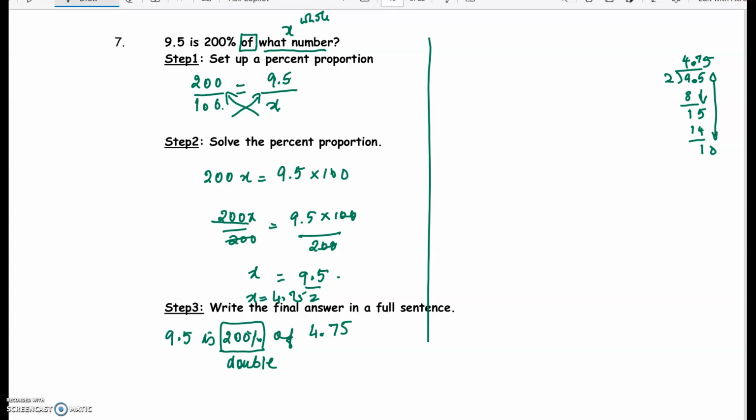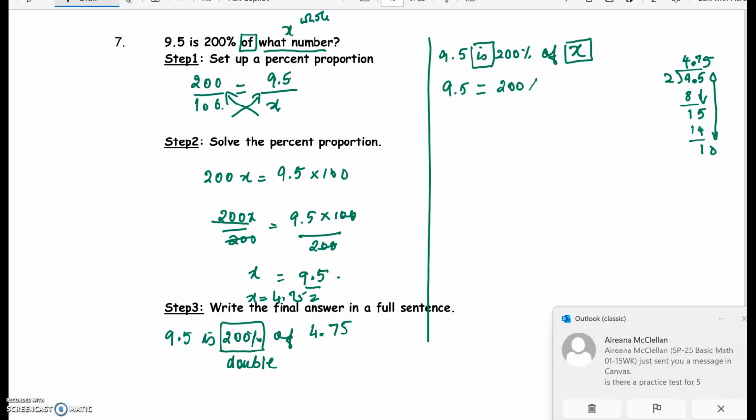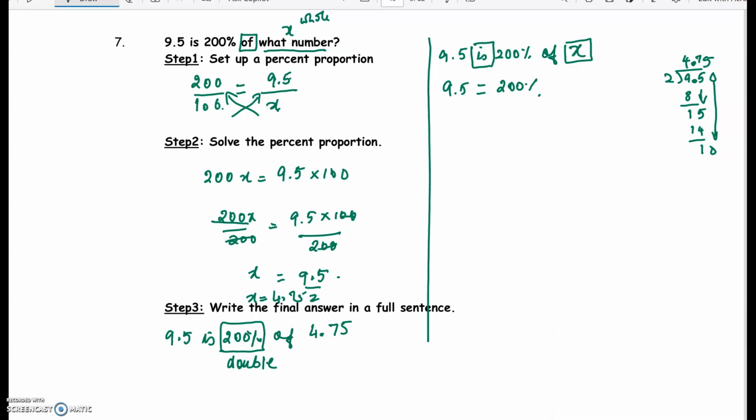Now let's set up a percent equation. 9.5 is 200% of the number x, a percent of the whole. This is the whole. Now let's translate this into an equation. 9.5 is equal to 200% of, so times, so 200% is 200 over 100 of x.